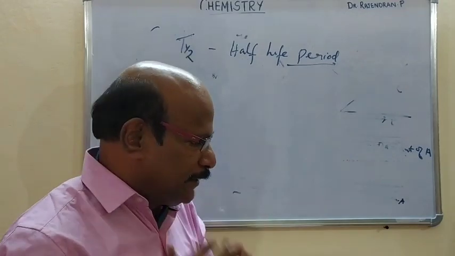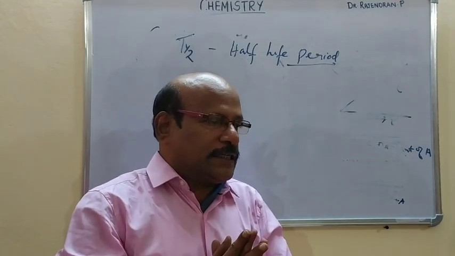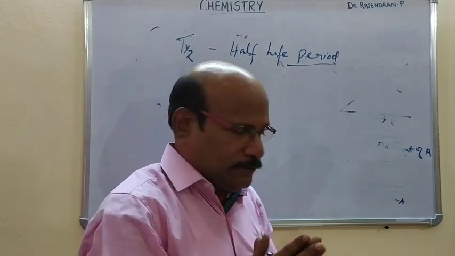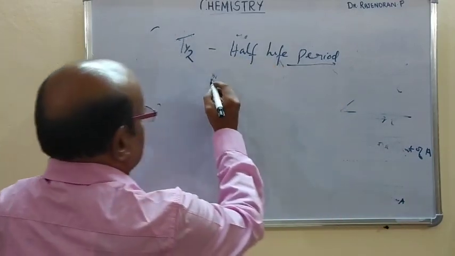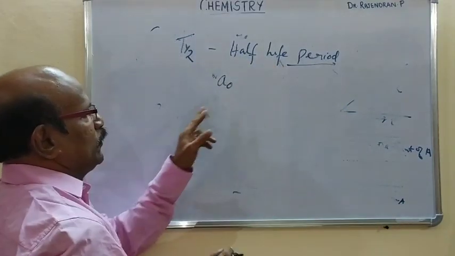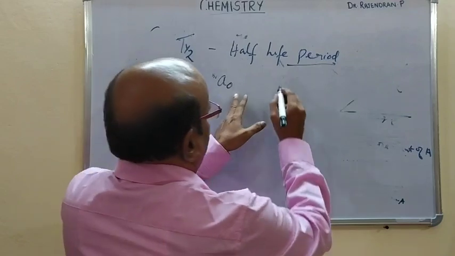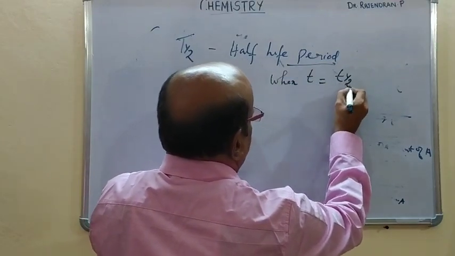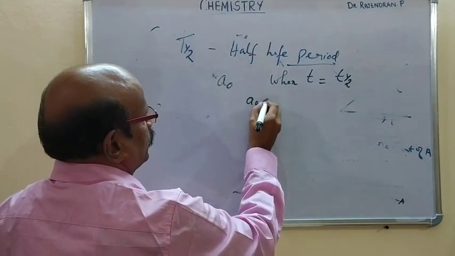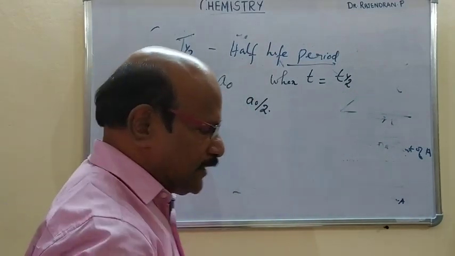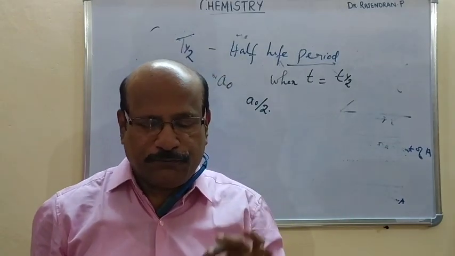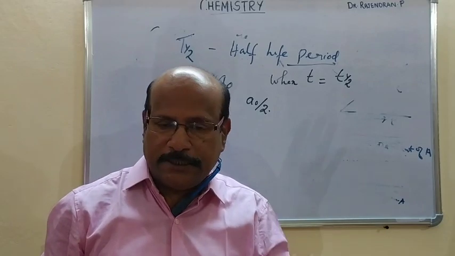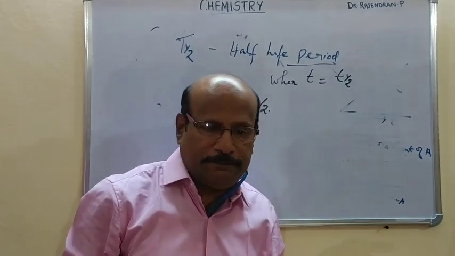Suppose A0 is the initial concentration of A. When t becomes t half, A0 is reduced to A0 by 2. So it is the time required for reducing the initial amount of the reactant to half of its value.